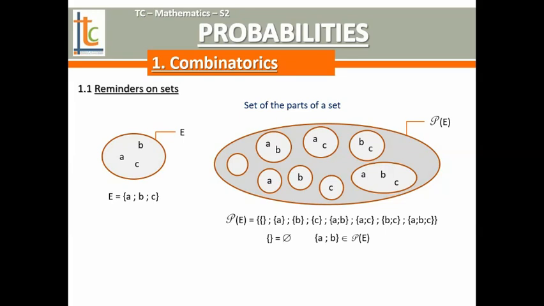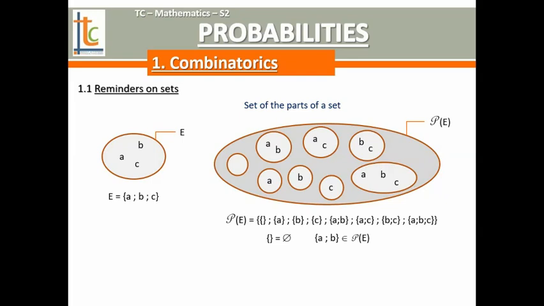A little notice that I could make before changing slide is that I knew in advance the total number of elements of P of E before thinking of P of E. I knew that there would be 8 elements inside P of E because I knew that there were 3 elements inside E. So how did I know?